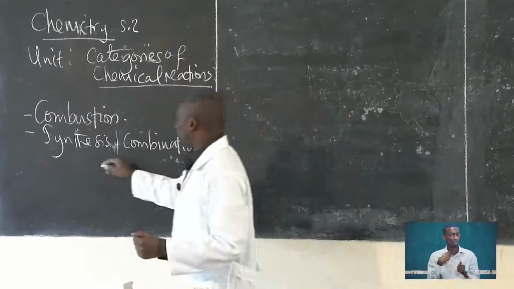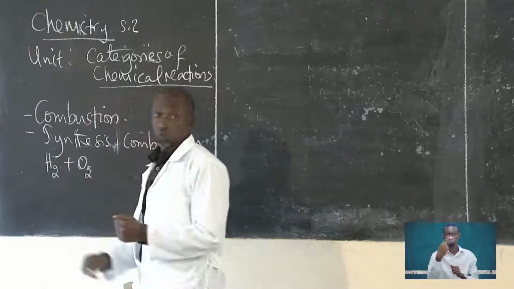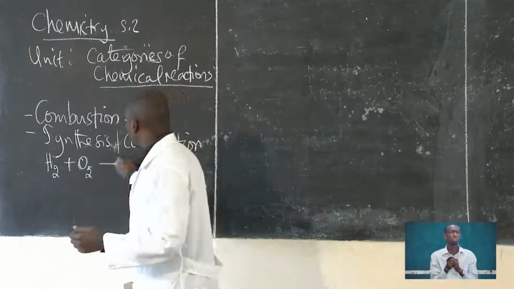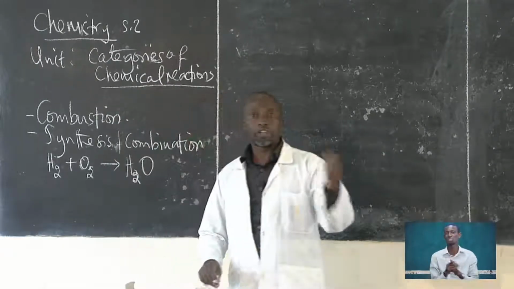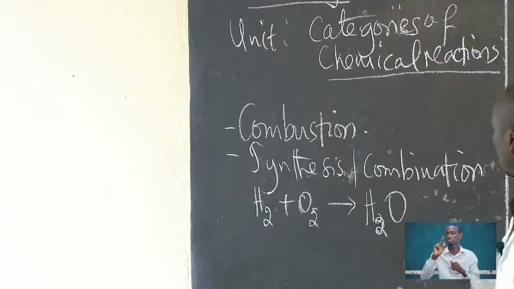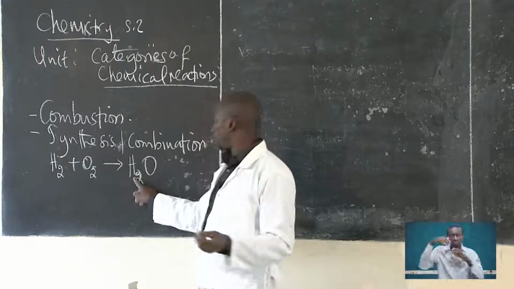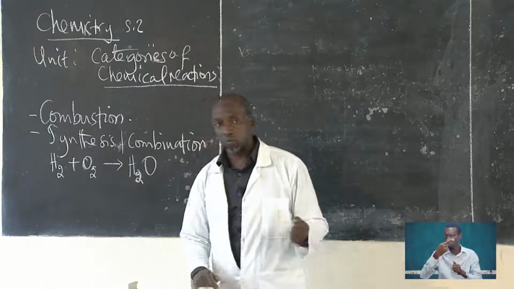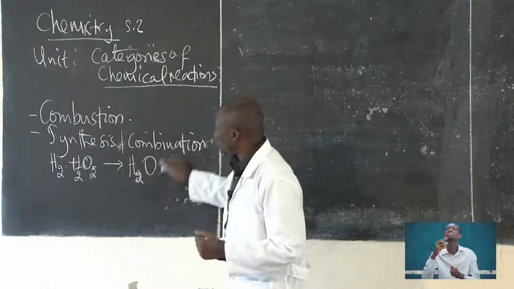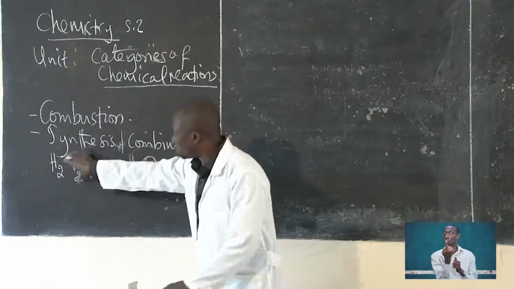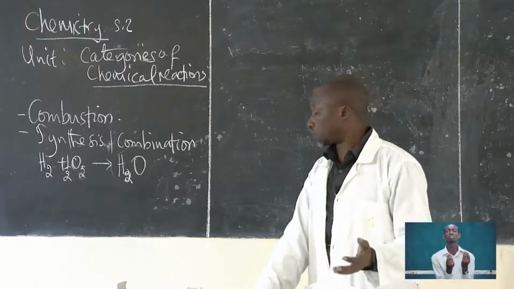As an example, if you have hydrogen and you react it with oxygen, this is a combination reaction, because we are having water. Water is made up of 2 atoms of hydrogen and 1 atom of oxygen. So this gives us the water molecule, one substance formed from its elements. That is a synthesis reaction or a combination reaction.